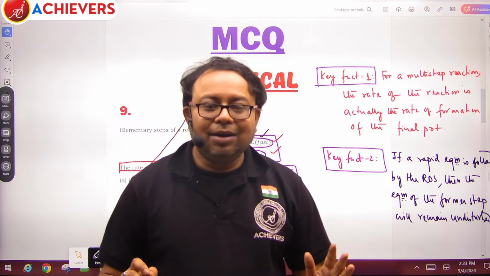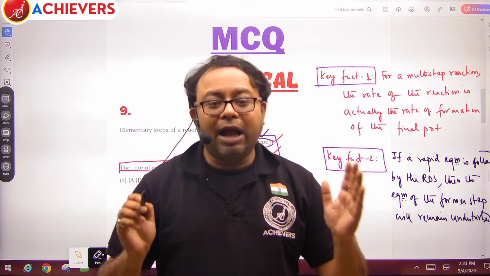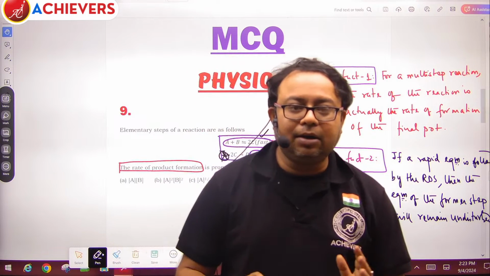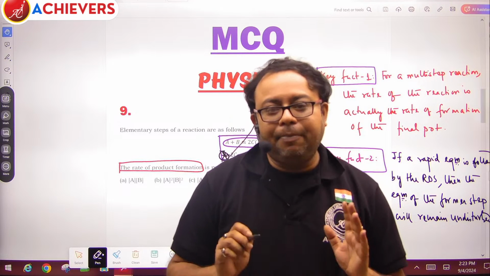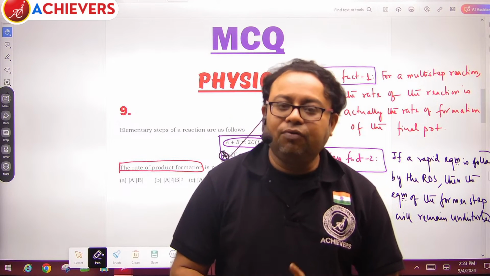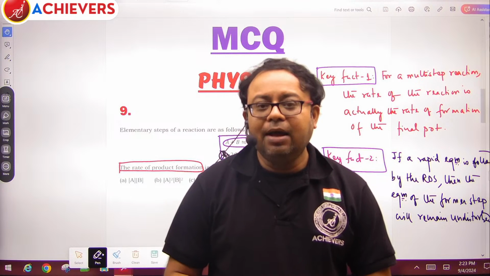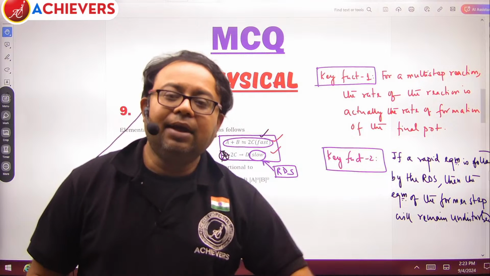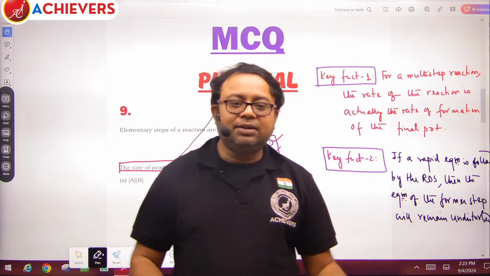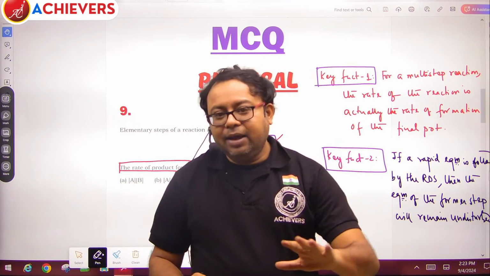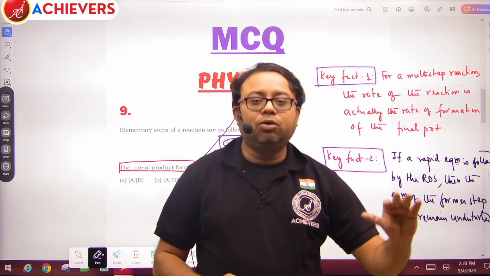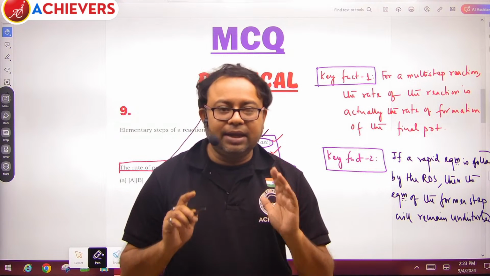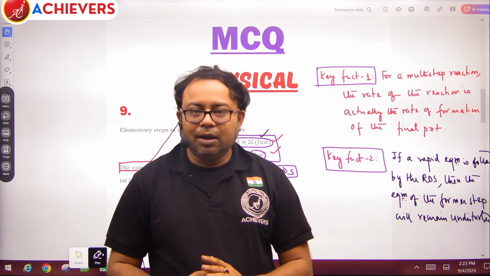That is the approximation we must make in order to solve this particular problem. If a rapid equilibrium step is followed by the RDS, then the equilibrium of the previous step should be maintained all throughout the process. Okay. So this thing has to be kept in mind.